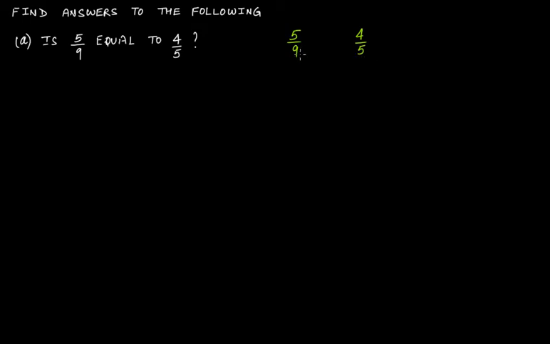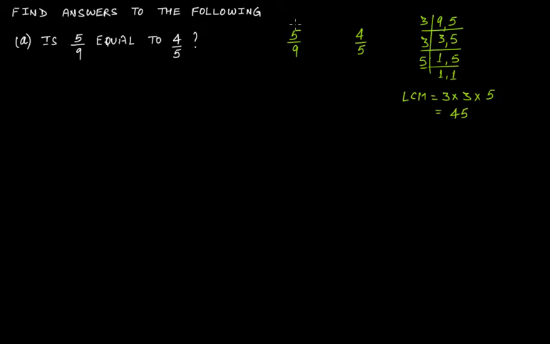So if I take the LCM of 9 and 5, 3, 3, 5 and 5, the LCM would be 3 times 3 times 5. This will be 45. Okay, so the LCM is 45.